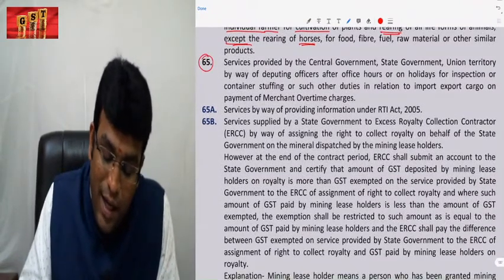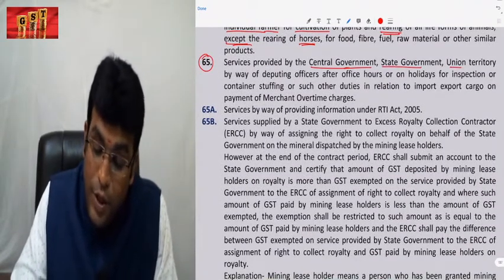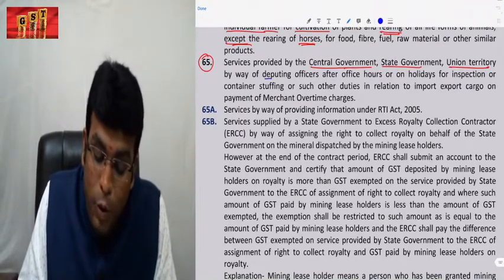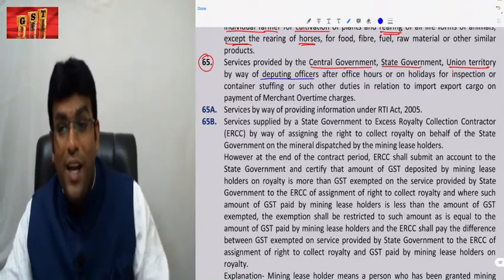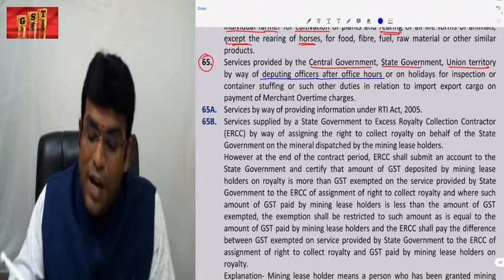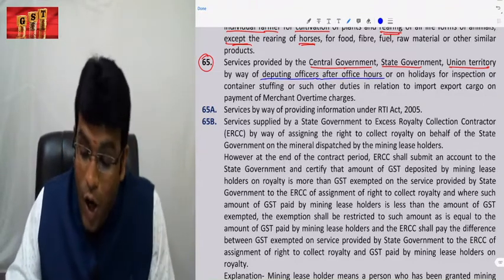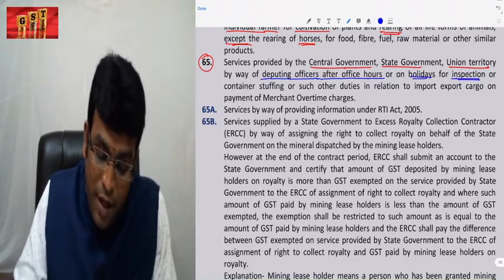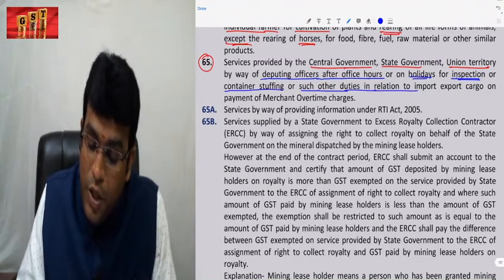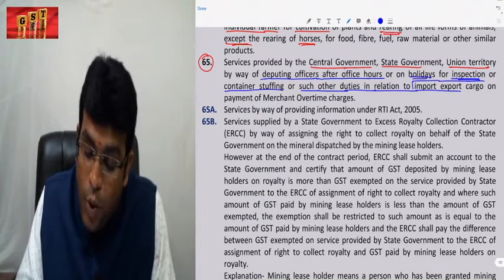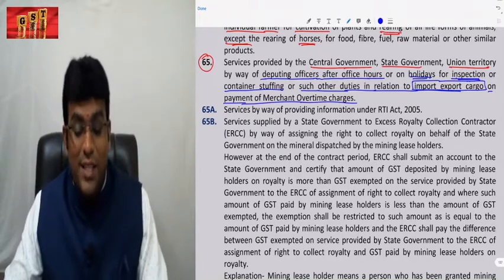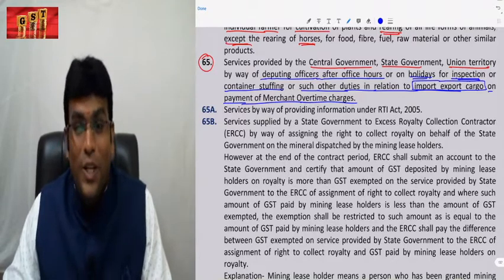Then services provided by central government, state government, union territory. Here local authority is not there. By way of deputing officers. What they are doing, sir? They are deputing officers after office hours, on holidays, for inspection or container stuffing or such other duties in relation to import-export cargo on payment of merchant overtime charges.